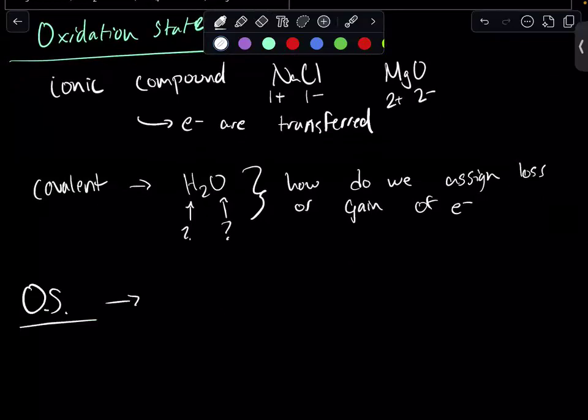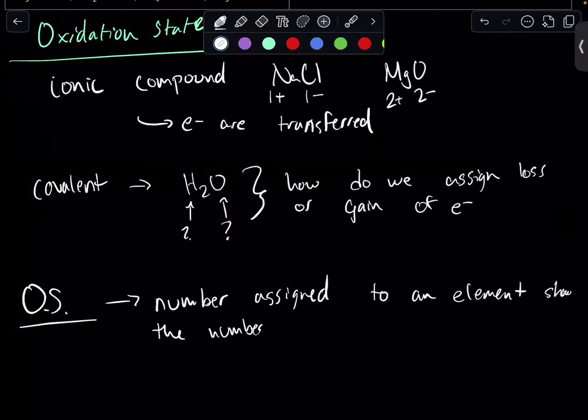This is specifically a number assigned to an element, and that's going to show the number of electrons lost or gained through bonding.